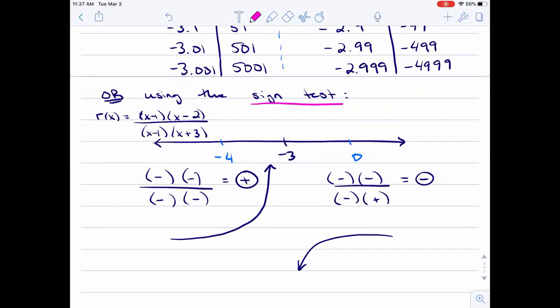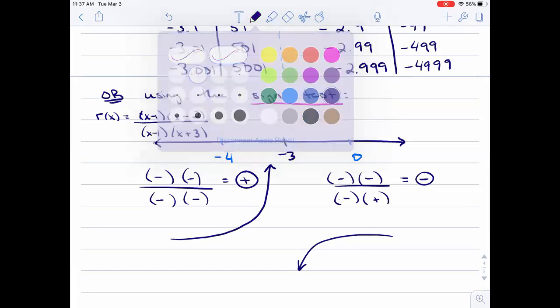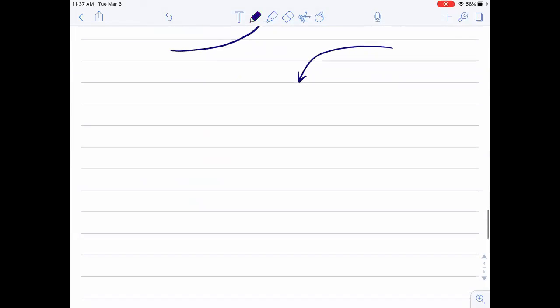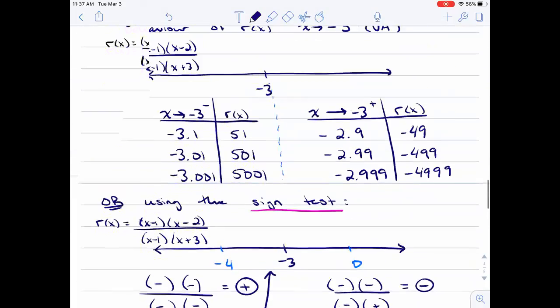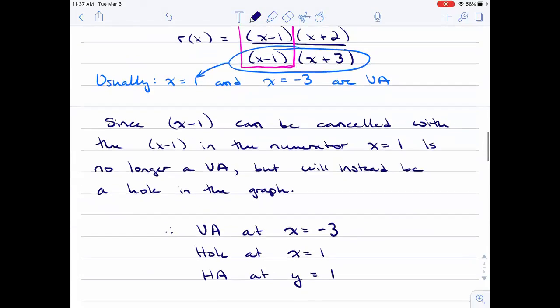Okay, so now we know we've got this type of situation at the vertical asymptote. We've got a horizontal asymptote at 1. So now we can sketch this out, because we know a lot about this thing now. Let's say here we're at 1. What was all the information that we had?